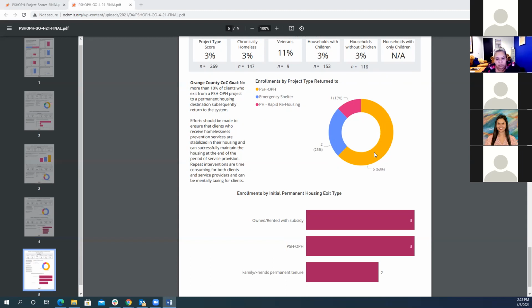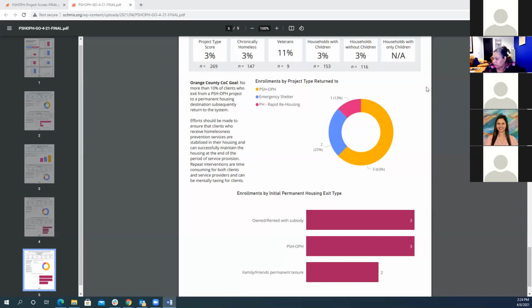So again, this makes me wonder about the data entry, if they are marking those clients appropriately when they transition from one PSH project to another. Because in addition to what I said earlier about the prior living situation, it's only considered a return if the client exited to permanent housing and then returned to the system more than 14 days after that exit occurred.